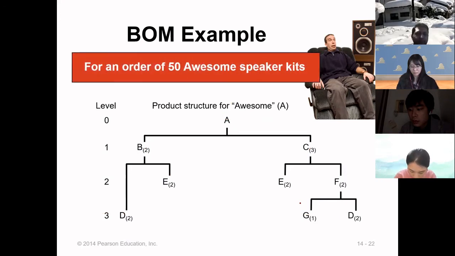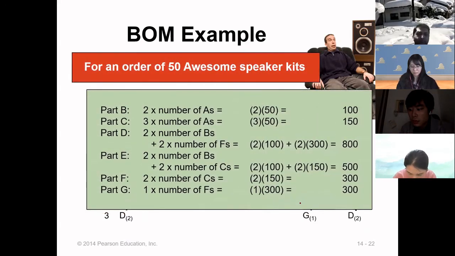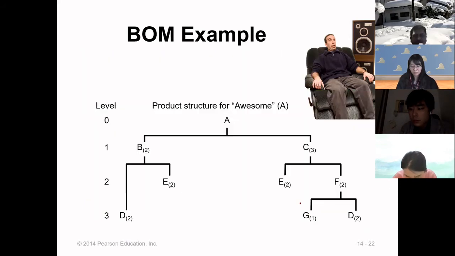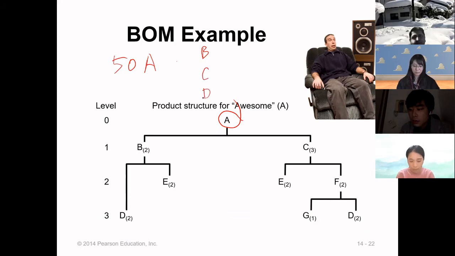Now, for an order of 50, can you calculate, in order to make 50 awesome, how many B, how many C, how many D, how many E is needed? The answer is on the next slide.